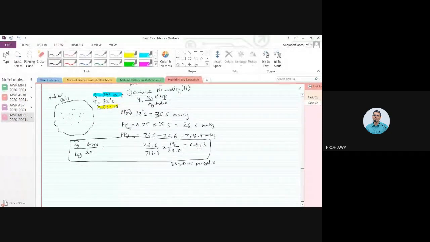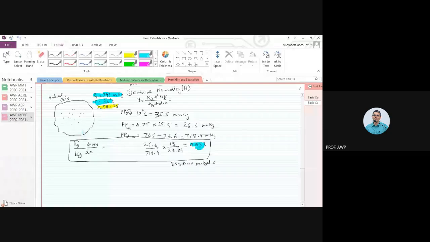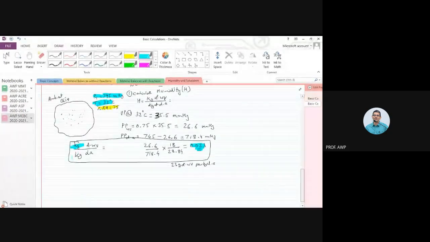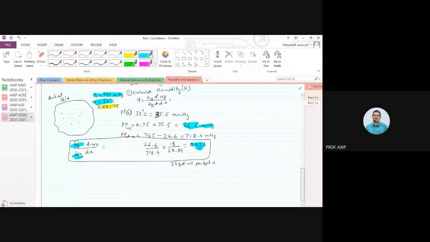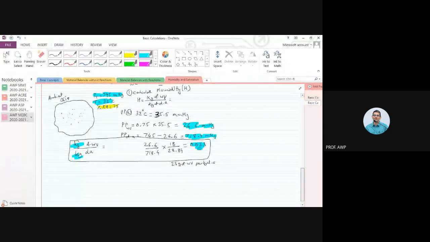Total pressure is constant, 745 mmHg. Temperature is 32 degrees centigrade. Percent RH is 75, which means it has 0.023 kilograms of water vapor per kg of dry air, or if you like, it has a partial pressure of 26.6 mmHg. Dry air has a partial pressure of 718.4 mmHg.